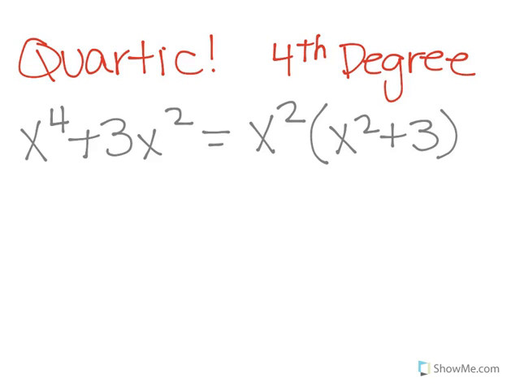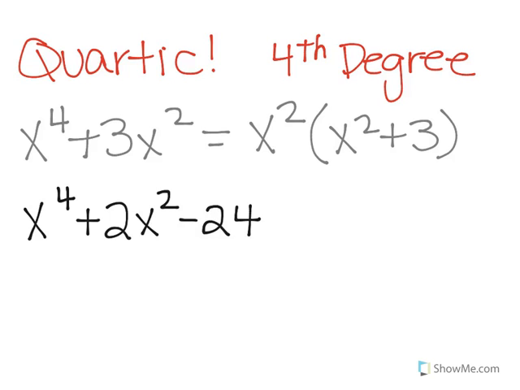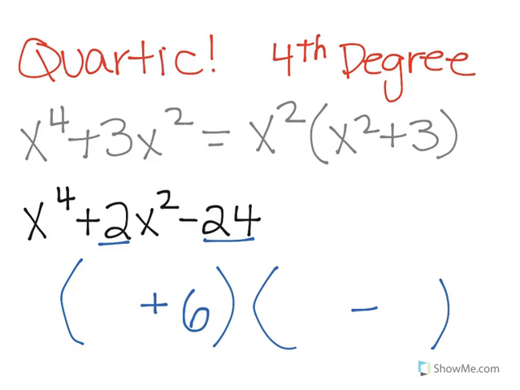All right, then this one we're going to do the short method. So you might want to make note of that on your paper. It's the same concept as before. So I can even start and go like this. All right, what multiplies to give me negative 24 that adds to give me positive 2? Those two numbers are going to be positive 6 right here and minus 4. But here's the thing. What is going to go right here and right here?